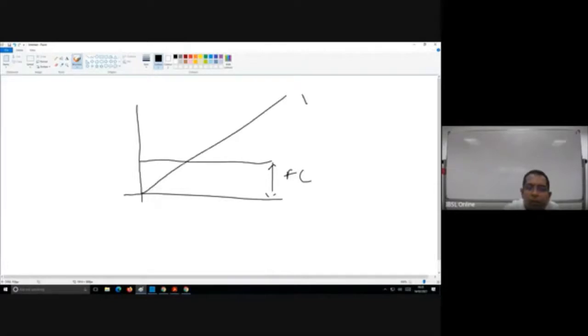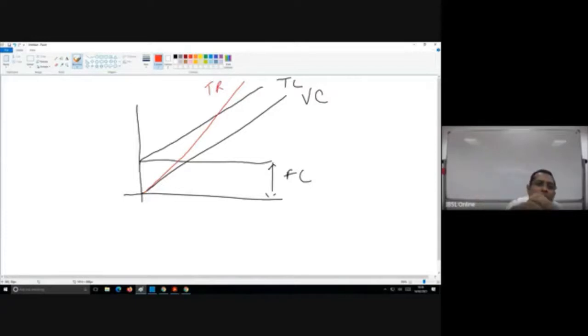This is the total cost. That means this one plus this one together, it is total cost, right? Then we have revenue, total revenue line, total revenue, right?